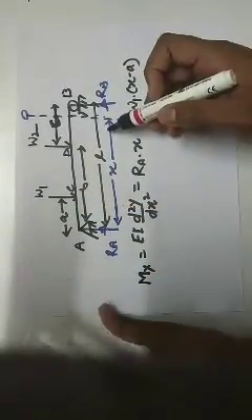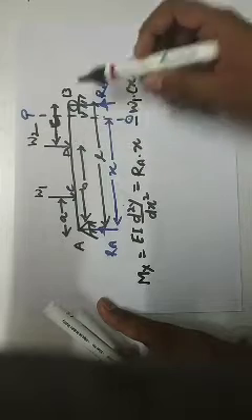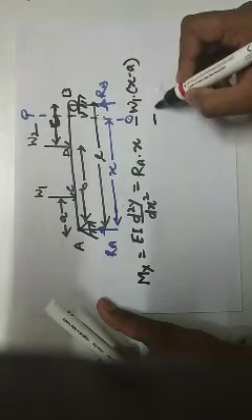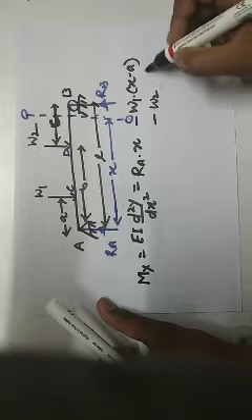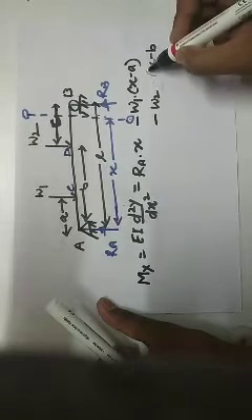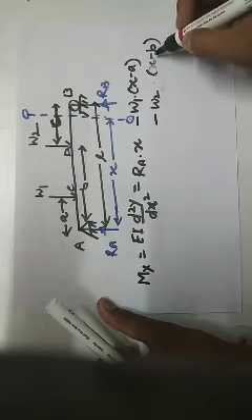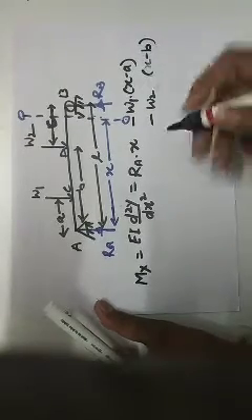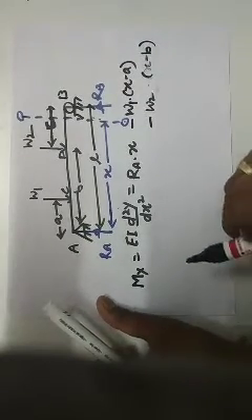Now take the moment of load W2 about this section: minus W2 into (x minus b). This is our governing equation.